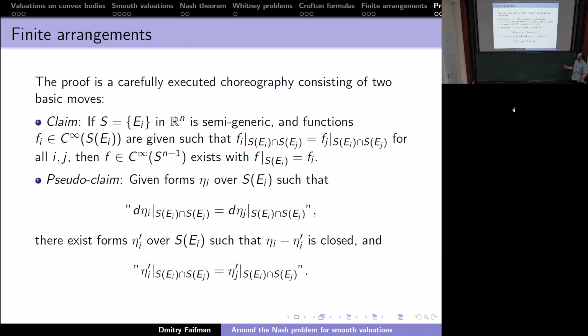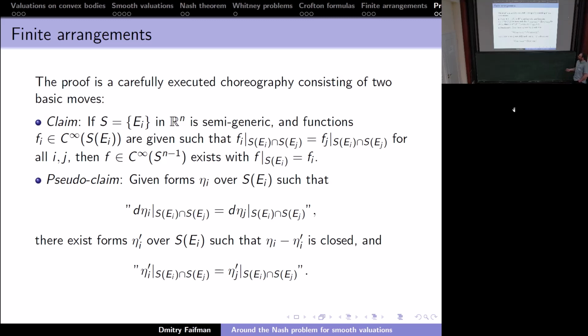The other claim is like this. I'm being informal here, I'm sorry, there's only one way to say it, and it's the informal way. You have some forms defined over those spheres, and you know that their differentials coincide over the intersections.